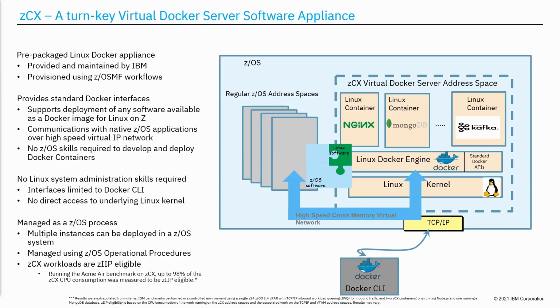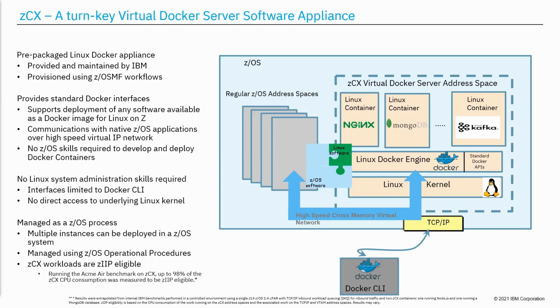And what we were saying with this is, in terms of the technology, when I'm communicating between my z/OS address space and my zCX turnkey appliance, I'm leveraging this high-speed cross-memory virtual network, which is called SameHost. And SameHost technology is a memory move to move data across TCP/IP. There is no shared memory in this.